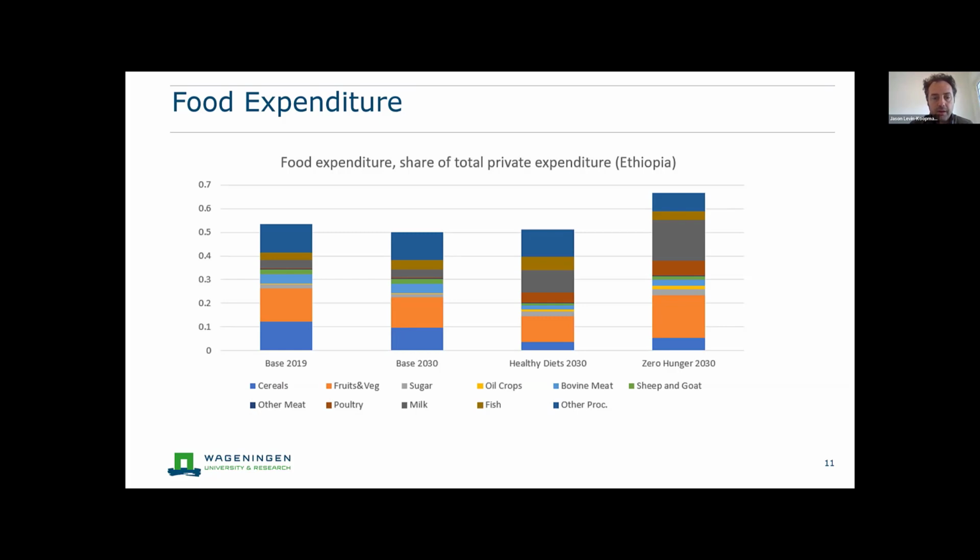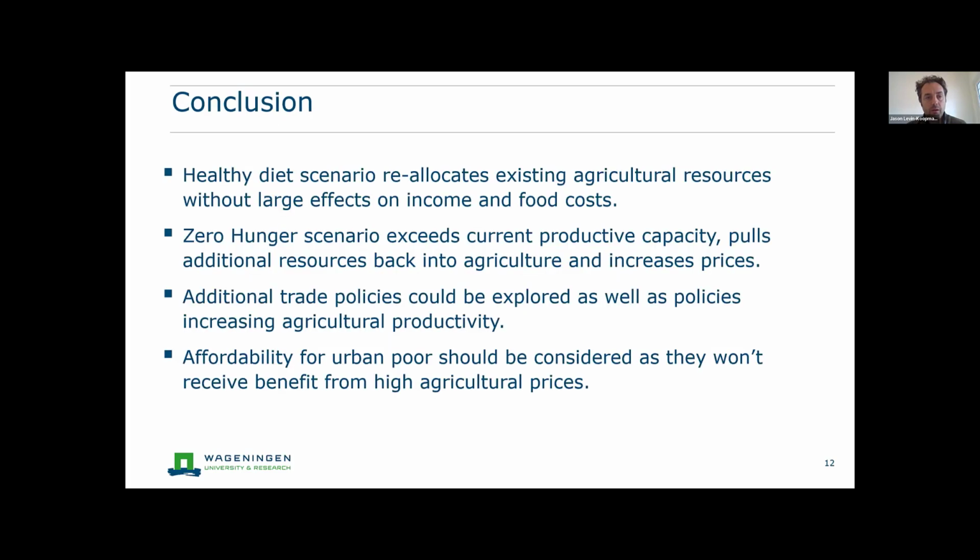And of the individual food categories that contribute most to this shift, you see the fruits and vegetables category and the milk category. So that was it. That's what I wanted to show today.